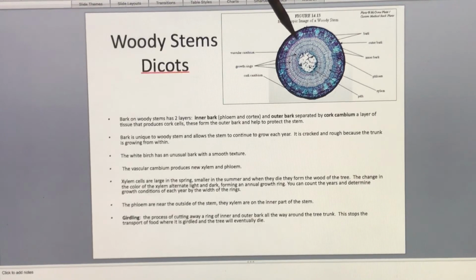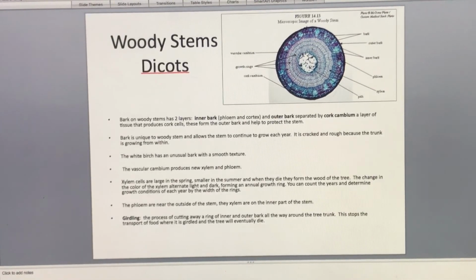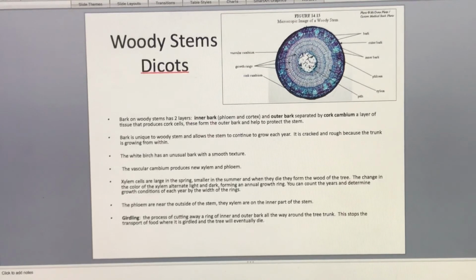As you can see, they form these rings around here, which we consider growth rings. The width of the ring shows how much growth occurred in each year. So if you have a wide span here, it would show robust growth in that year. And if it was a small ring, it would be a year that wasn't as productive.